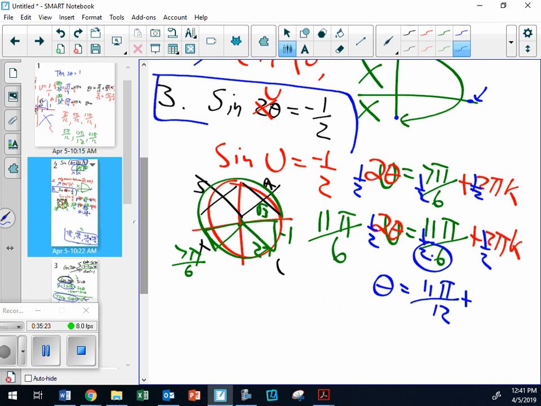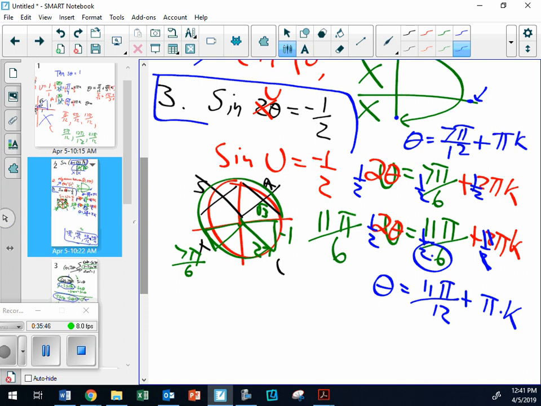Plus, and then the 2's cancel here, and I'd have pi k. And on the top one, I'd have 7 pi over 12 plus, 2's cancel, pi k.